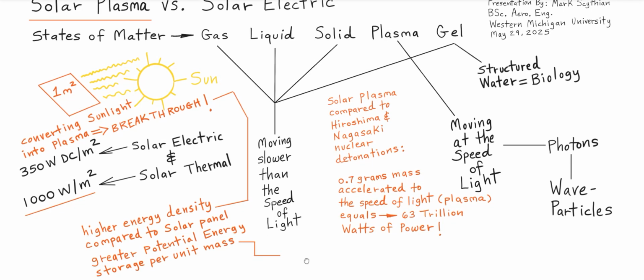let's say you have a pound of crude oil. This will contain approximately 20,000 BTUs per pound of potential energy as its energy density. So if we multiply that times 1056 joules per BTU, we calculate 21,120,000 joules per pound.